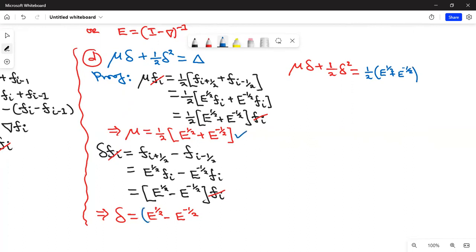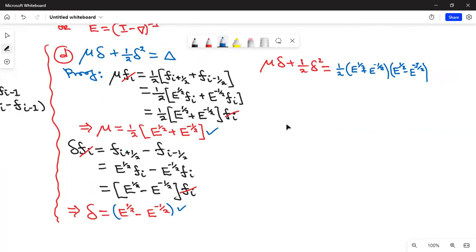This was our delta, so we multiply by this. It is shift raised to 1 over 2 minus shift raised to negative 1 over 2. Then we need also 1 over 2 plus delta squared.